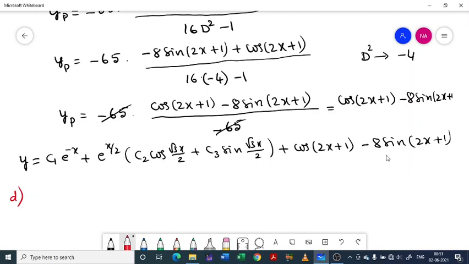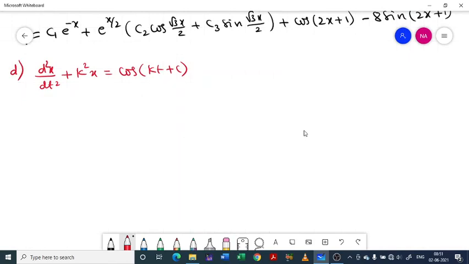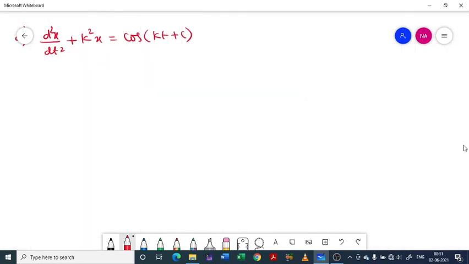Problem D. d square x by dt square plus k square x equal to cos of kt plus c.